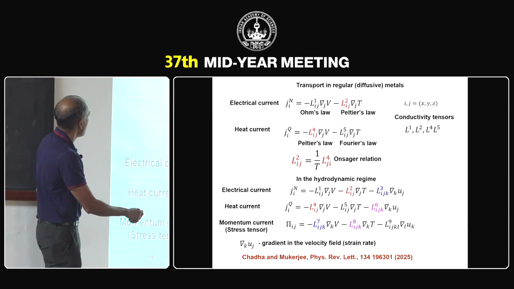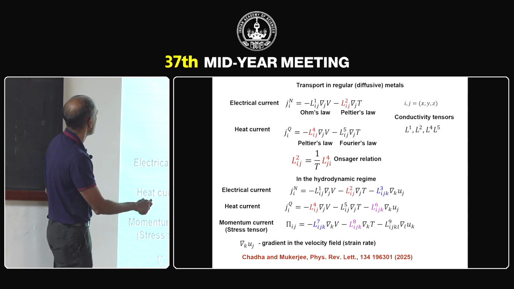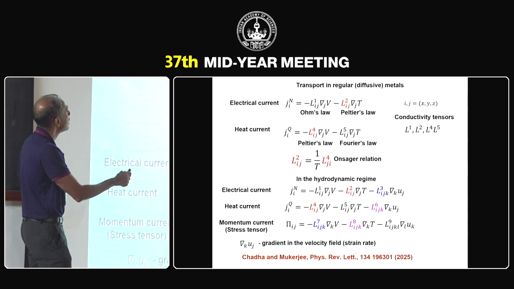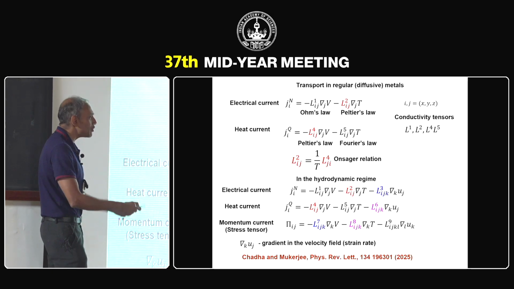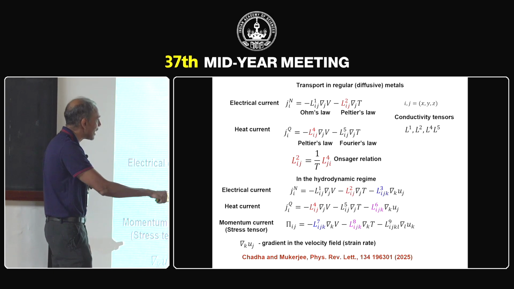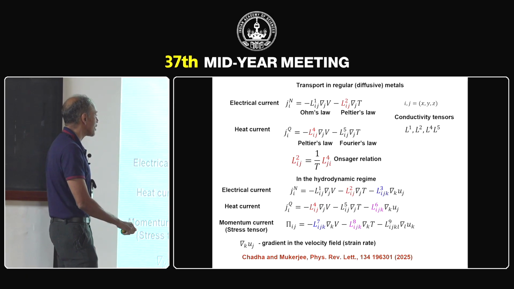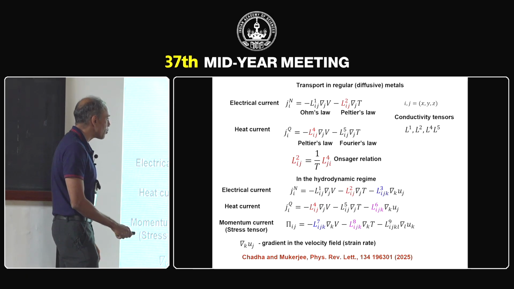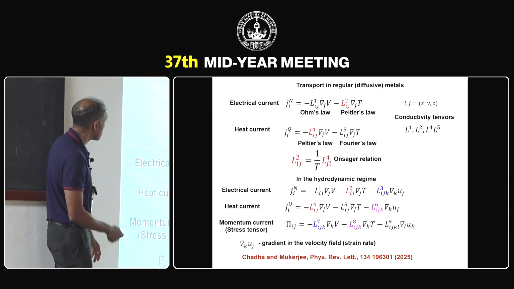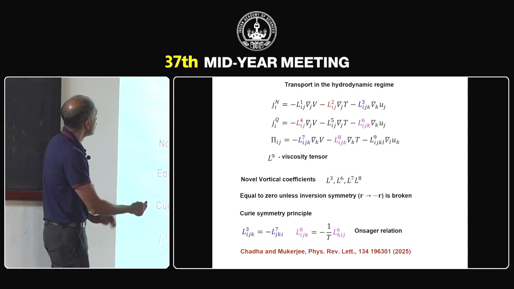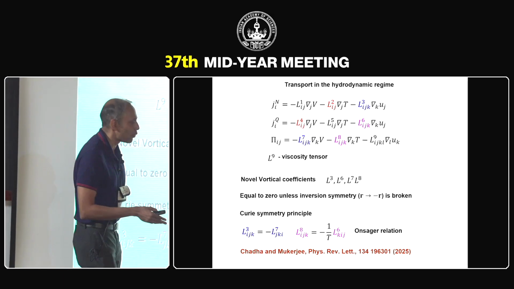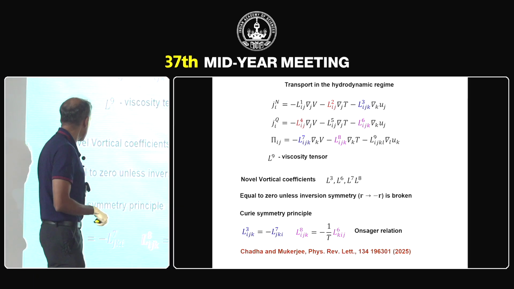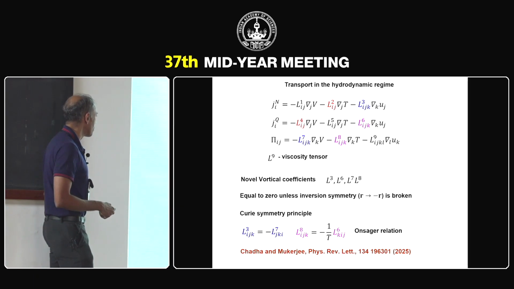So if you look at any standard textbook on solid state physics and you look at transport, these are the relations that you will see with these transport coefficients. But in the case of electron hydrodynamics, you have an extended set of relations with these additional transport coefficients, this one being a viscosity tensor. Okay. And it turns out that these coefficients in magenta and blue are in some sense novel coefficients which haven't really been investigated before, called vortical coefficients.